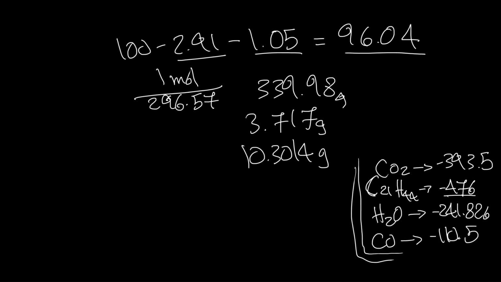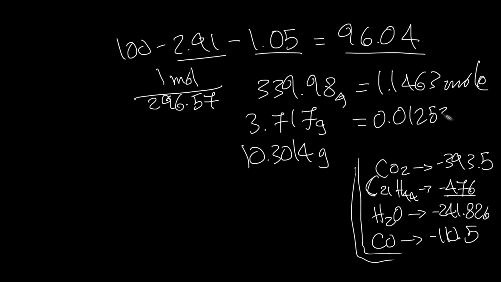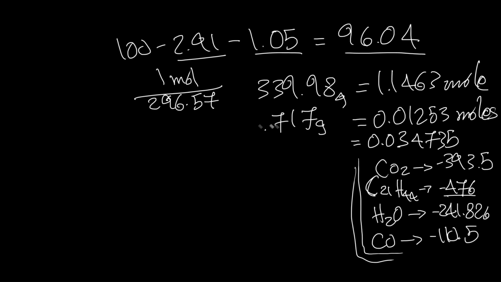And this is for each one, so I'll just do it for each one of those right away. 0.98 divided by 296.57. So for this one we have 1.1463 moles. And then we have 3.717 divided by 296.57, and we get 0.01253 moles. And then for the last one we have 10.3014 divided by 296.57, and you'll get 0.034735.